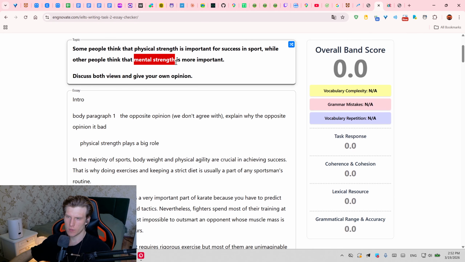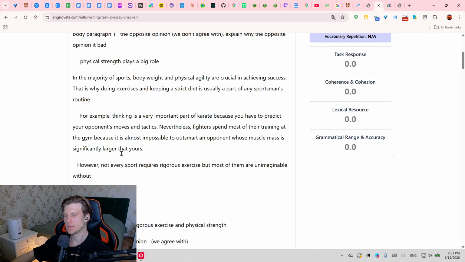They did not say anything about mental health, that would be a different thing. They're just talking about mental strength, that mental strength is more important. But most of them are unimaginable without. Okay.